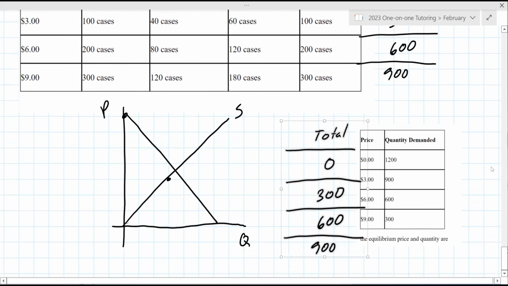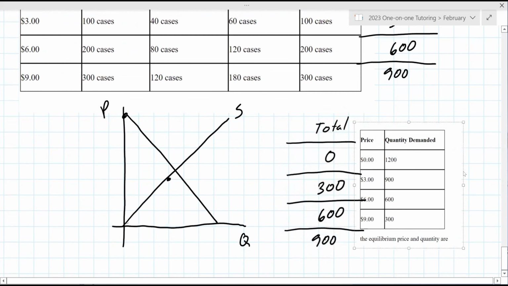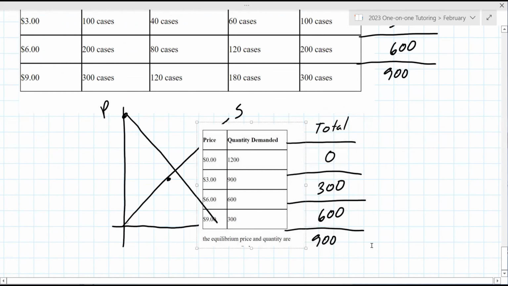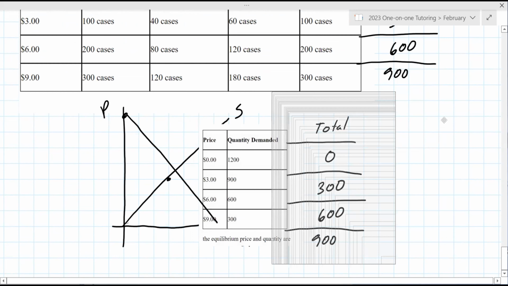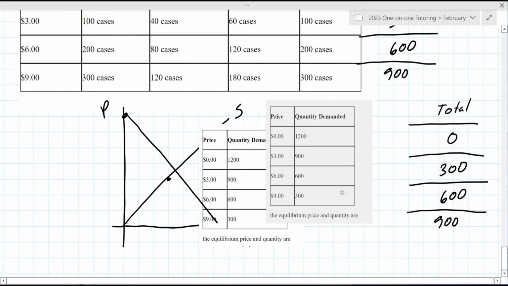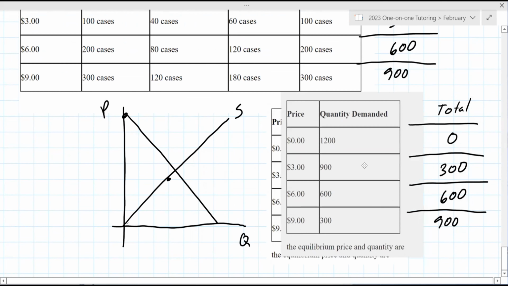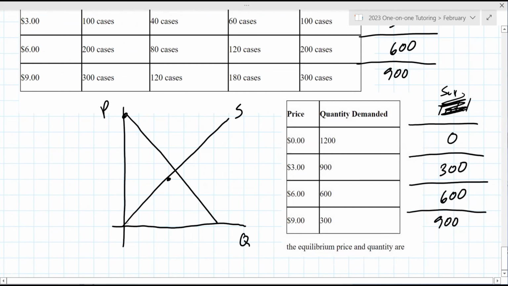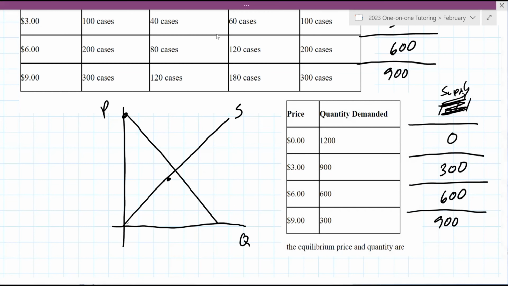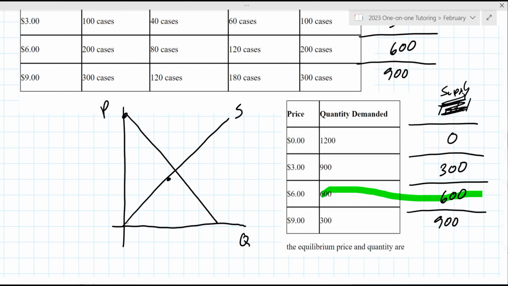This doesn't line up great, but let me make this a little bigger. Think of this as the supply on the right and this as the demand on the left. There's a place where they come together. You see that? They come together there at $6.